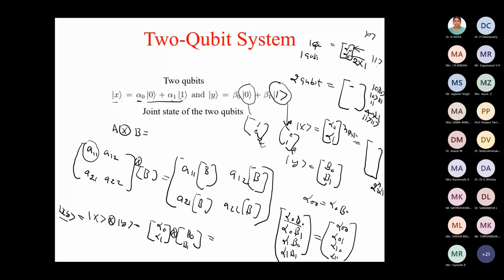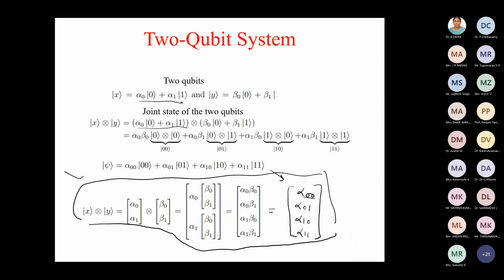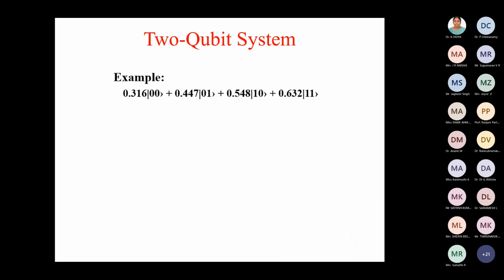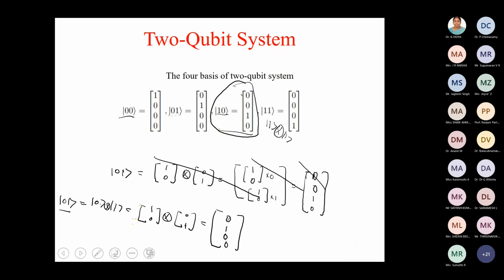But in the case of a 2-qubit system, the basis states will be 4 cross 1. And any state you can write as a linear combination of these 4 states.